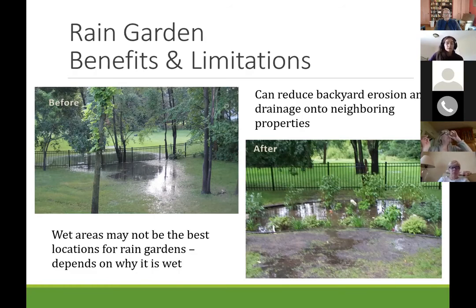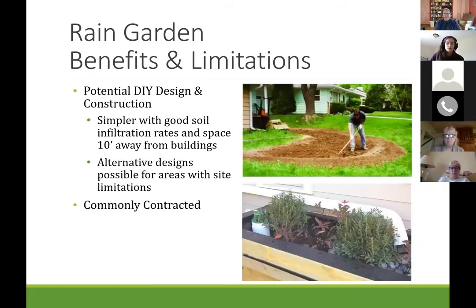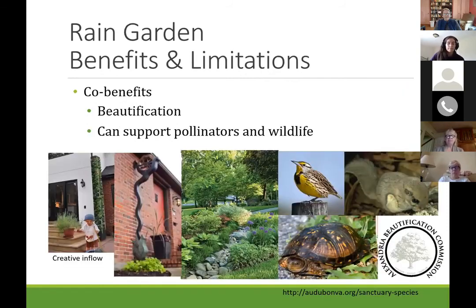So you can landscape them in to disguise it a little bit. But a rain garden really isn't a great solution. We have had homeowners do it yourself rain gardens, or they've had contractors install them. They can be really beautiful. Again, we're using native plants, supporting native wildlife, all of those benefits.